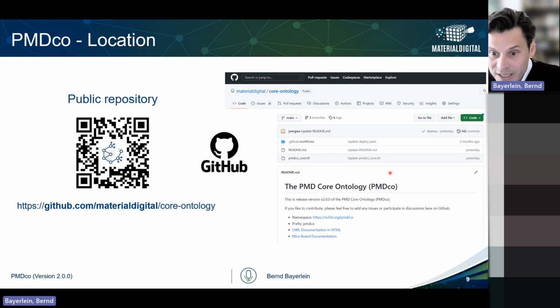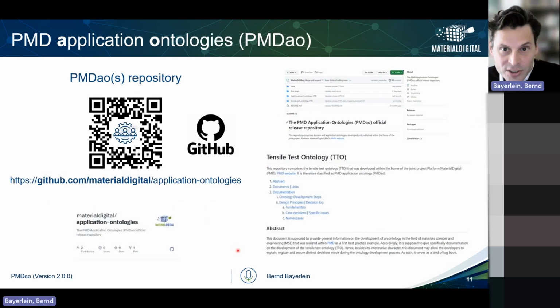This will be kind of dynamic because it will at some point also have an extensive README document, and maybe this Miro board documentation will change its shape somehow, but as there are always new questions how to model this and that, I think this documentation is growing. The same holds for the PMD application ontology.